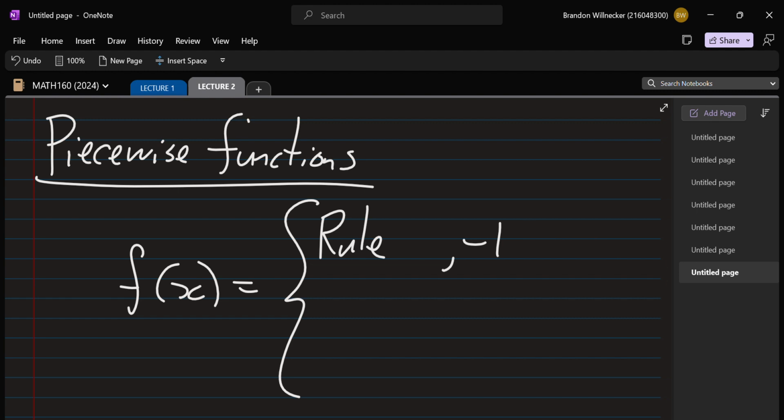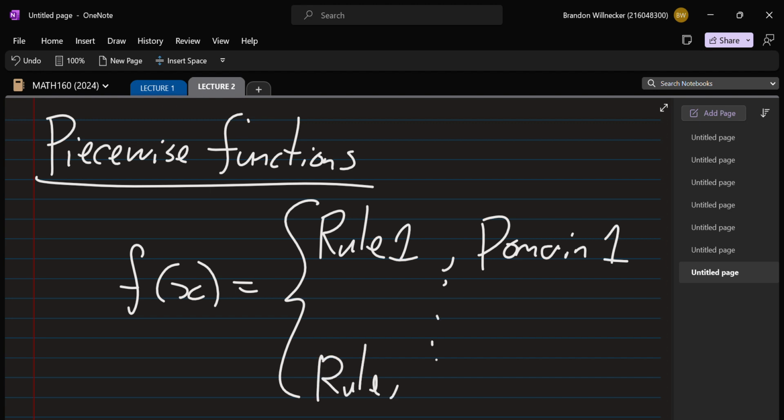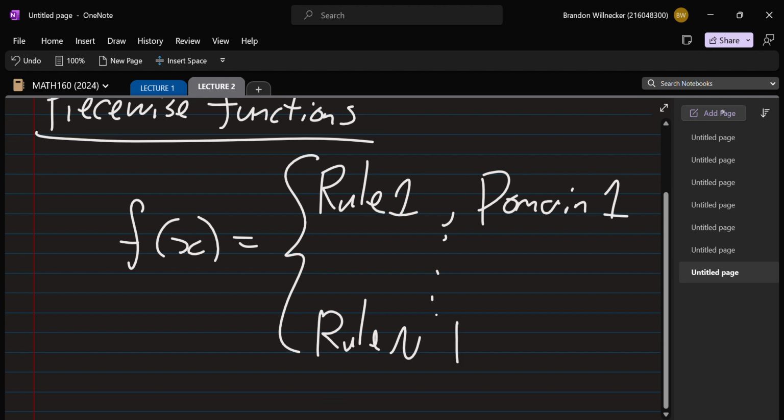So here this will be, let's say, rule 1, domain 1, down to rule n, however many there are, domain n. Those domains are the subdomains. It's the pieces of the x-axis that these rules apply to.